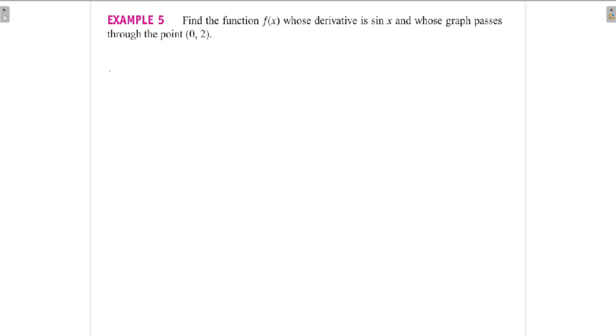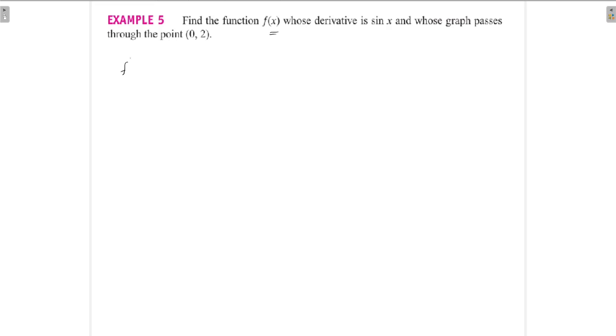Now we have an example, example 5. Find the function f of x whose derivative is sin x and whose graph passes through the point (0, 2). For this we will use the previous consequence of the mean value theorem.